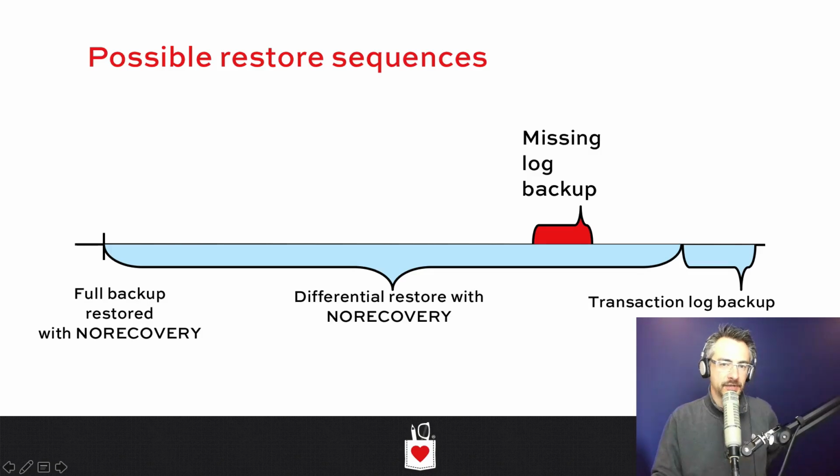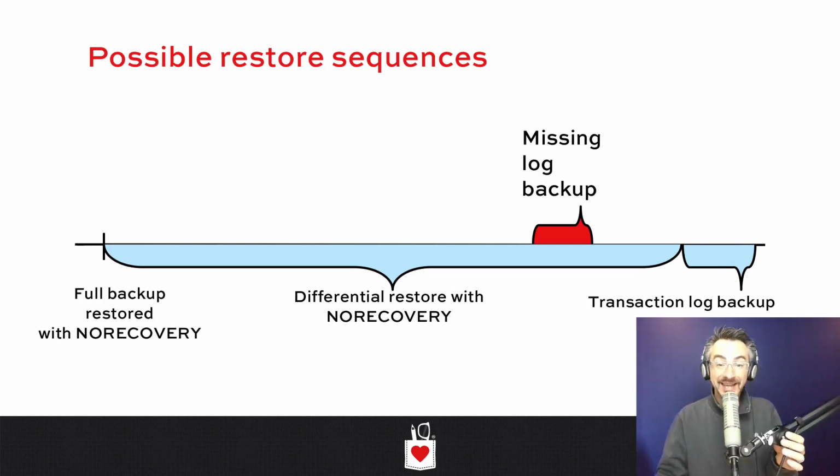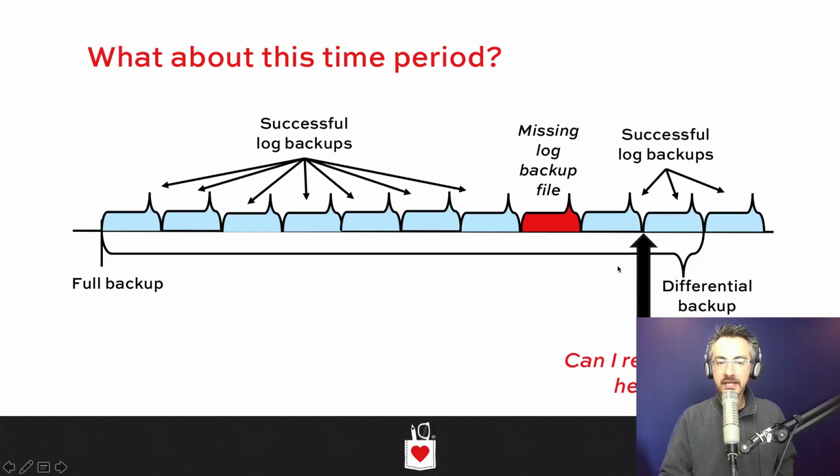Normally when people think about doing restores, they think about getting to the most current point in time possible. People don't want to lose data if they can avoid it. And I can get to right now, but what if I need to get to a slightly earlier point in time? What if someone calls in and says, oh man, 5 minutes before you did that differential backup, we dropped a table. Can you get us as close to that point in time as possible?